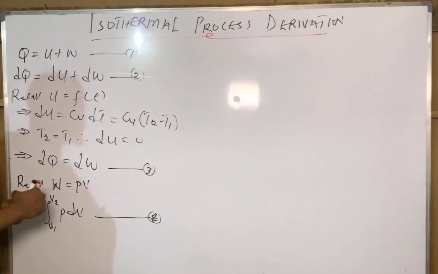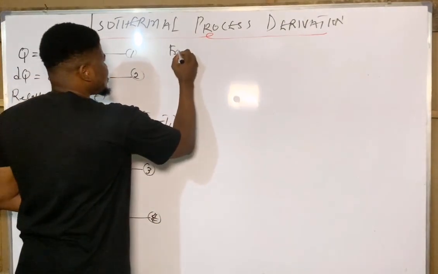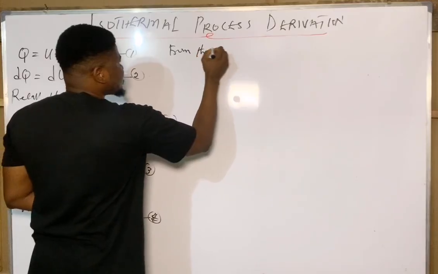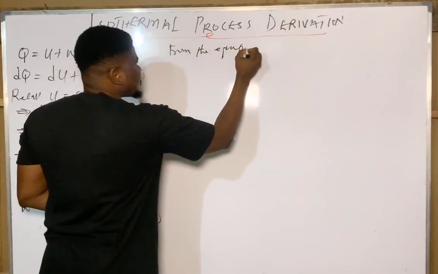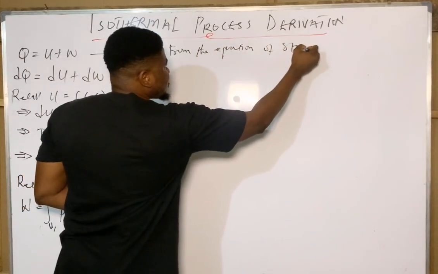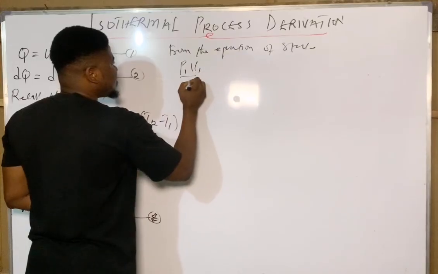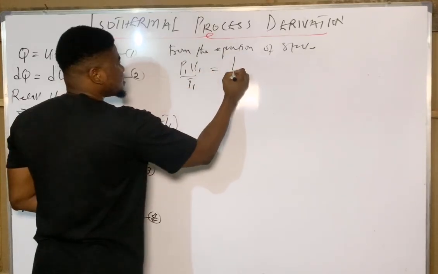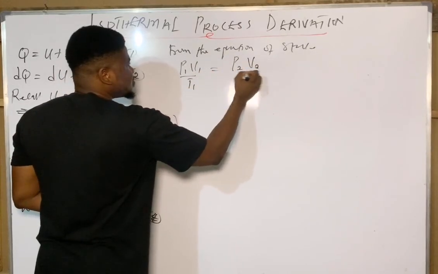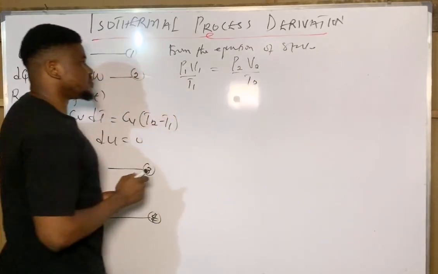Now from the equation of state, we have P1 V1 all over T1 equal to P2 V2 all over T2.